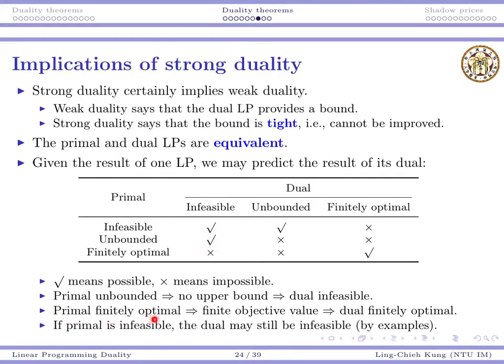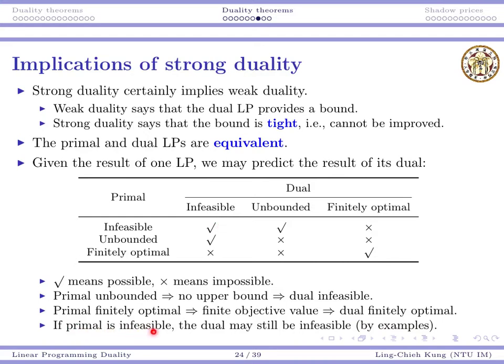If your primal is finitely optimal, then you have a finite objective value. Your dual program cannot be infeasible and cannot be unbounded, right? Your dual must also be finitely optimal. And finally, if your primal is infeasible, here we know the dual may be unbounded, cannot be finitely optimal, and we can show that it's possible for both of them to be infeasible by examples.